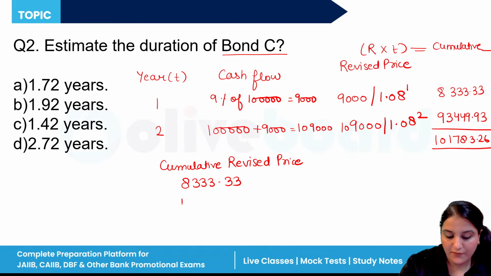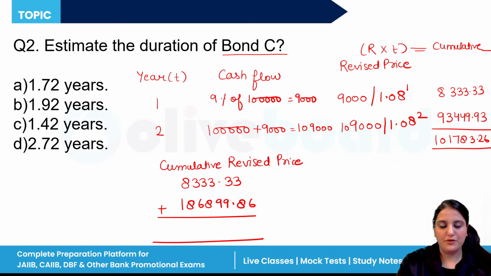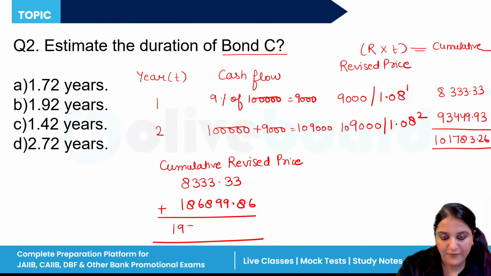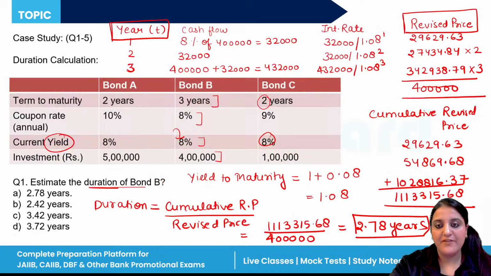So it is 186899.86. Now we have to add this. So for the calculation of the duration of bond C, that equals 195233.19.